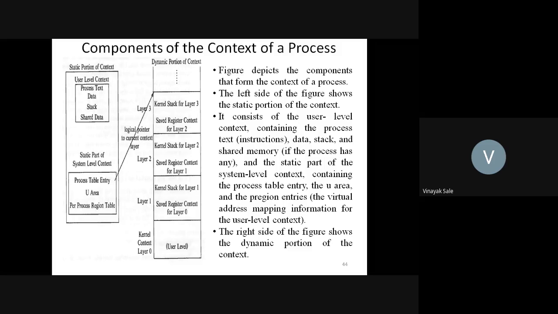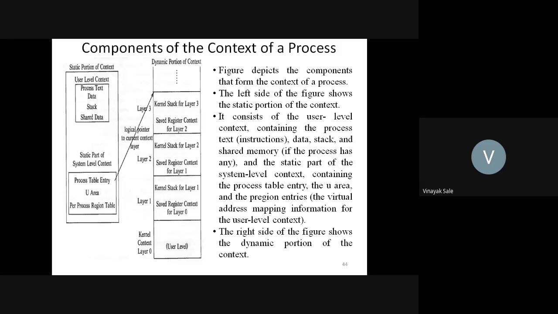So this figure shows the components that form the context of a process. The left side of the figure shows the static portion of the context. It consists of the user level context containing process text, data, stack, shared memory, and a static part of the system level context which contains the process table entry, user area, then private region entries.